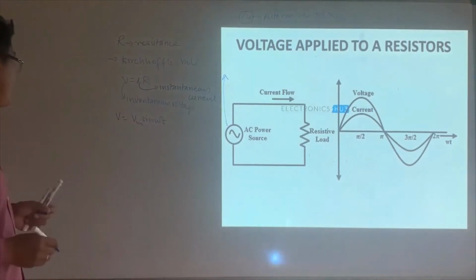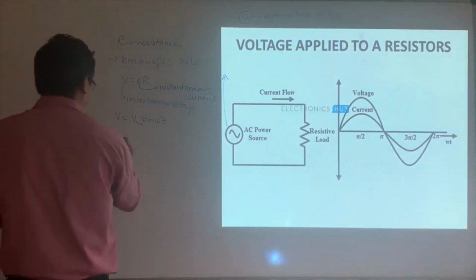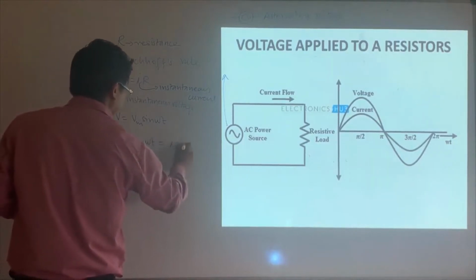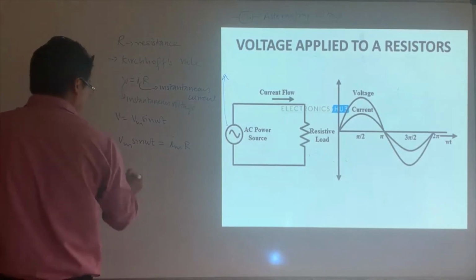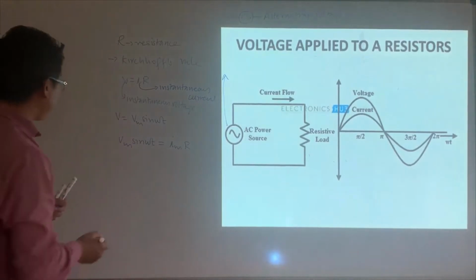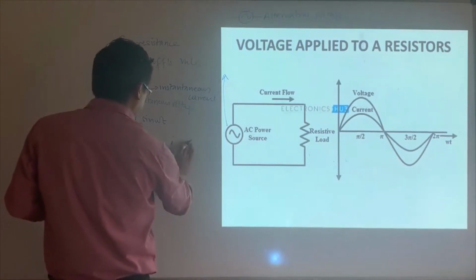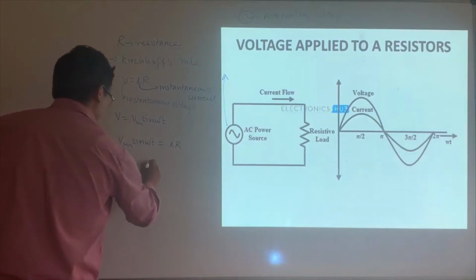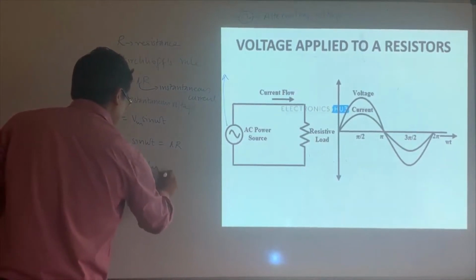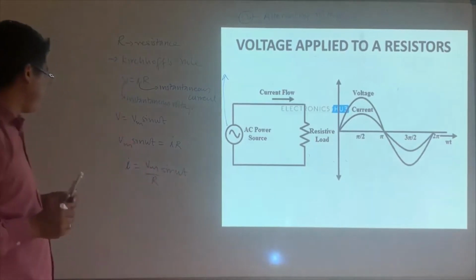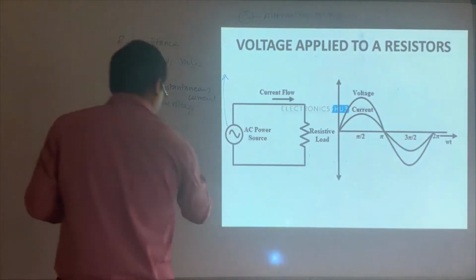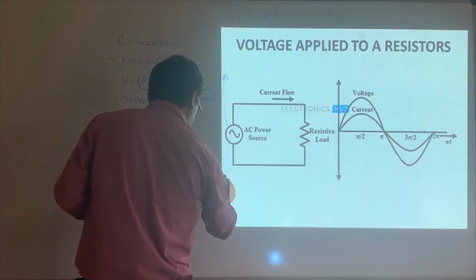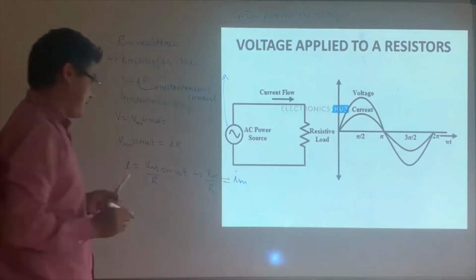Therefore I is equal to Vm by R times sin omega t. Now look at here, this Vm by R is equal to the maximum current, Im.